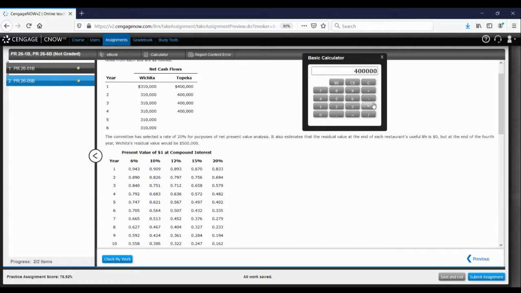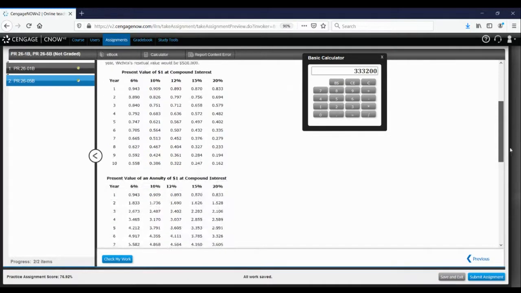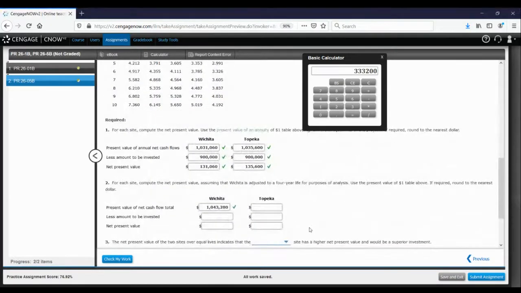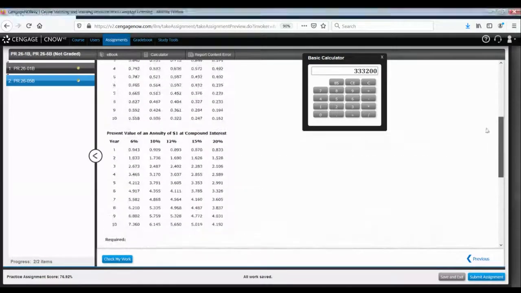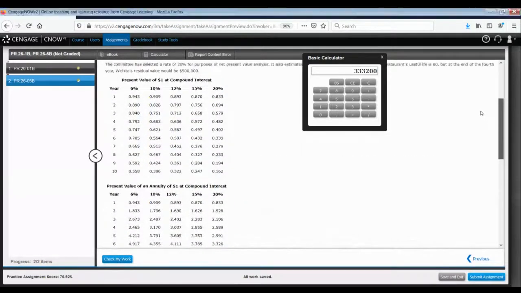We're going to multiply that by year one's 20% rate, which was 0.833, and that would give you 333,200. That's in the first year.